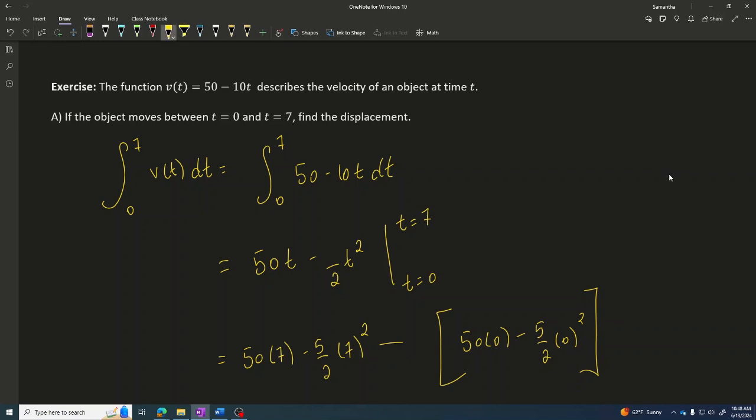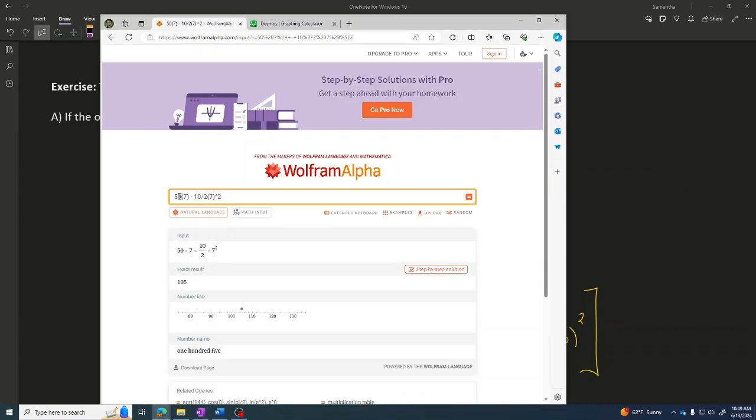The typo that I made is that I sort of divided 10 by 2 in my mind and turned it into a 5, but I also wrote the division by 2 here as well. So I divided by 2 twice, and that gave me an incorrect value there. 50 times 7 minus 10 over 2, 7 squared.